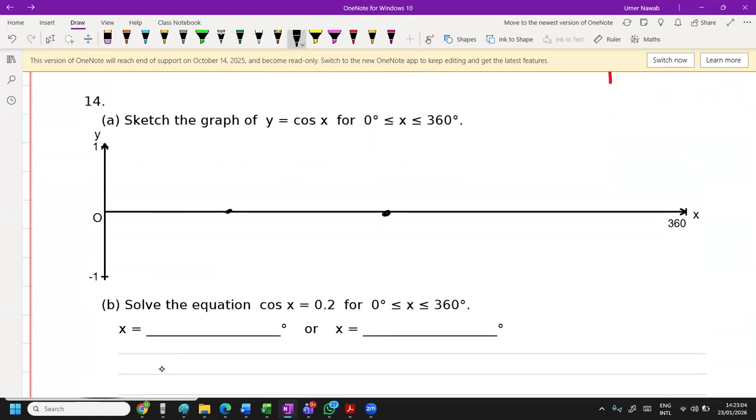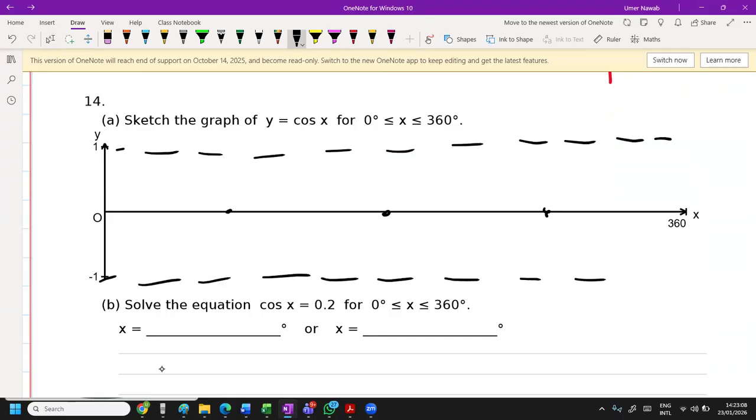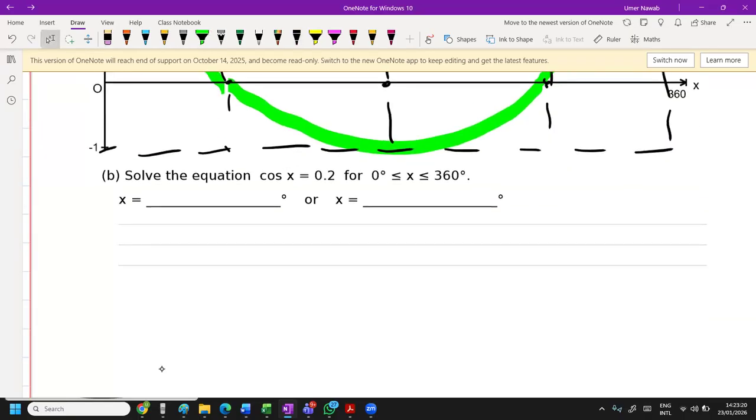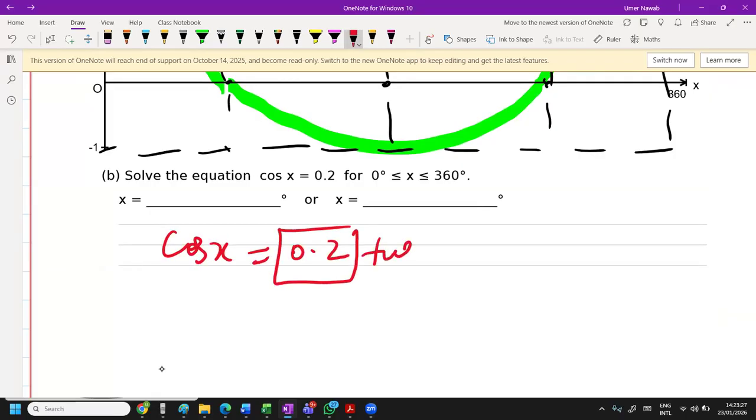Cosine graph, y is equal to 1, y is equal to minus 1. Complete the grid. The cosine graph, first you need to draw like this, then concave down. Cosine of x is equal to 0.2. It is positive.